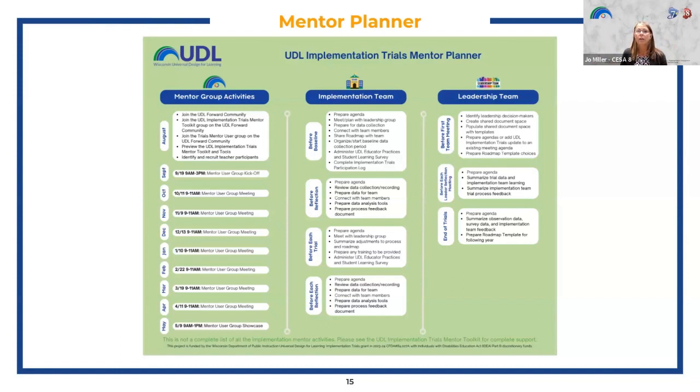And then with your implementation team, you're going to be doing some work before the baseline. You're going to be doing some work before each reflection time that you have with teachers in that PDSA cycle. You'll have a set of things that you do before each trial, and then a set of things to do before each trial reflection.